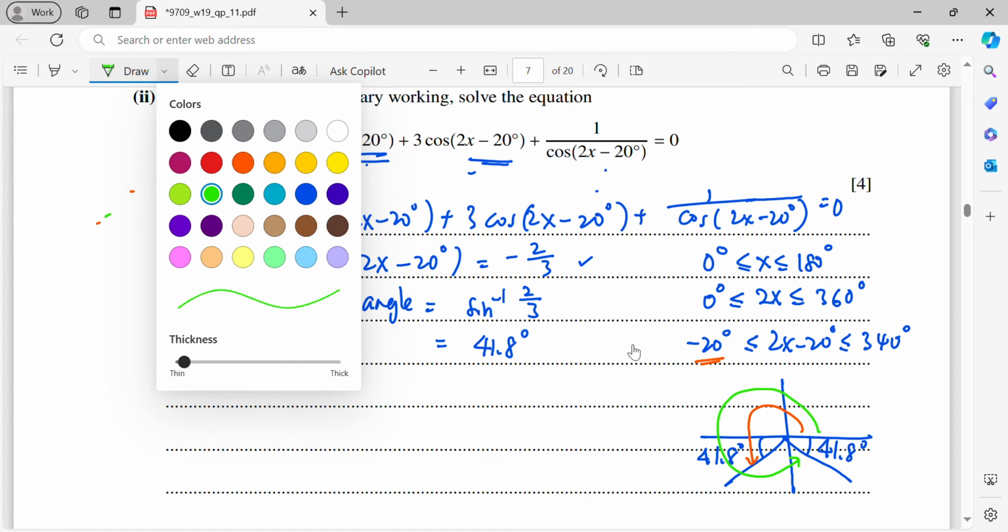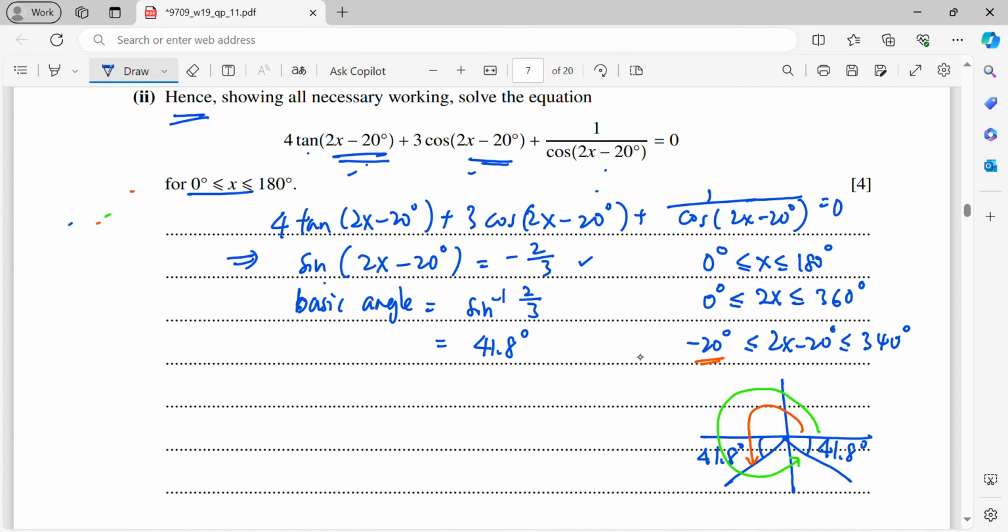Alright, so to get the orange color, that is 180 plus 41.8. So now here I will write 2x minus 20 degrees, that is 180 plus 41.8. Then for the green angle, that is 360 degrees minus 41.8 degrees. Then now, the first value is 221.8 and the other one will be 318.2 degrees.